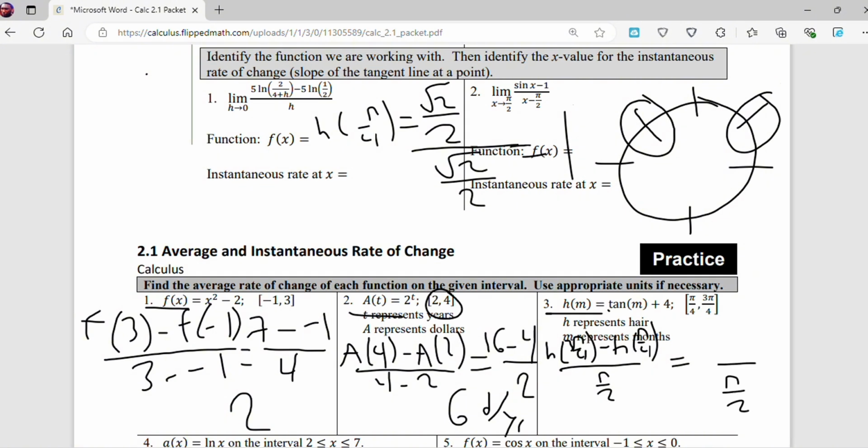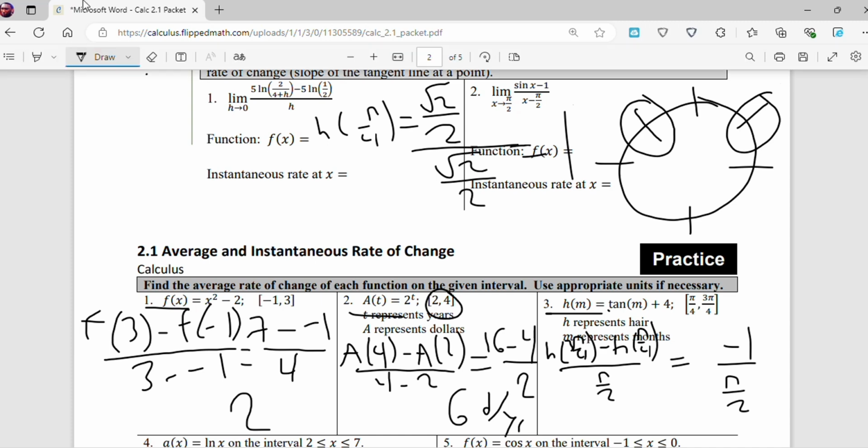I'm not working very wisely here, but I hope you guys are making sense of what I'm doing. So we find our f of a. Now we're going to find our f of b, which is h of 3 pi over 4. Our x is now negative, so we have the same values, but x, which is cosine, is negative.